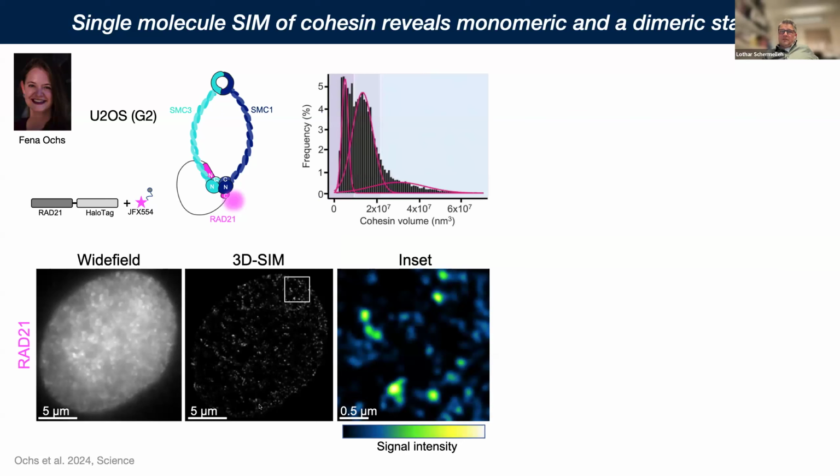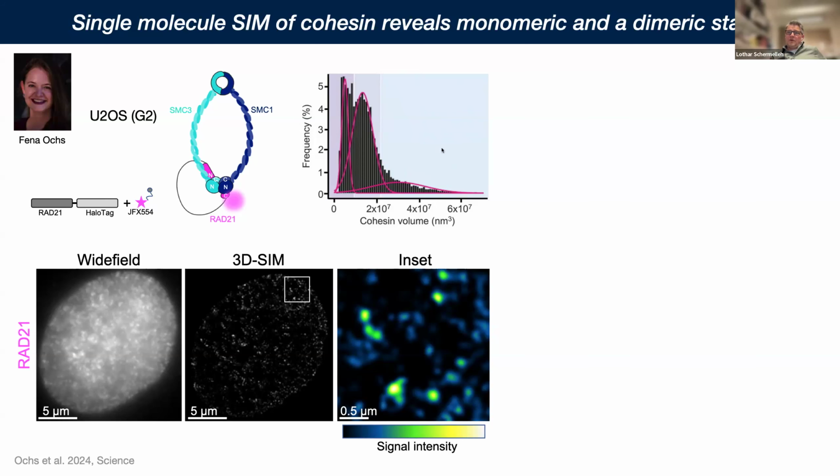When Fina looked at those in closer detail, she noted that we have dim dots and bigger, slightly wider and brighter dots. There seem to be two different classes, and if you use intensity or volume distribution, you could make up two distinct classes.